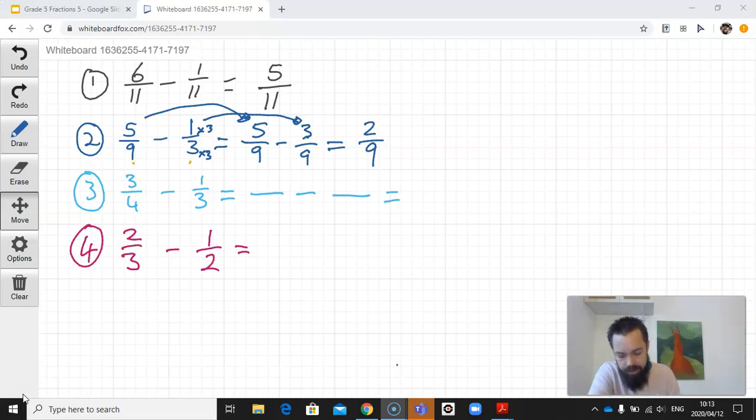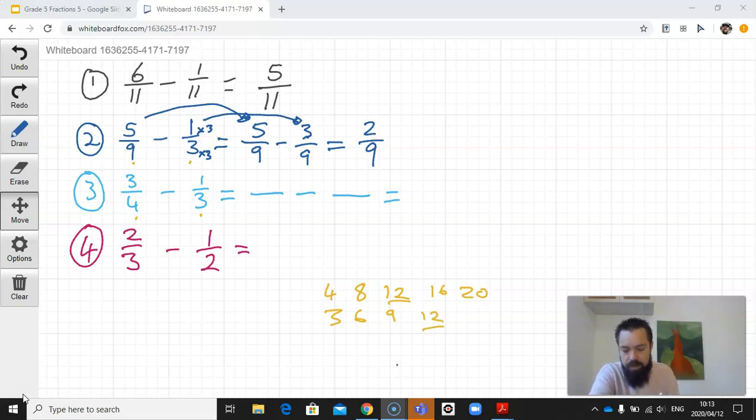You will notice that we have to change both because they're not the same. I'm going to jot down the 4 and 3 times table to see what I need to make it in. So 4, 8, 12, 16, 20, 3, 6, 9, 12. There we go. So we need to make both of those denominators 12.